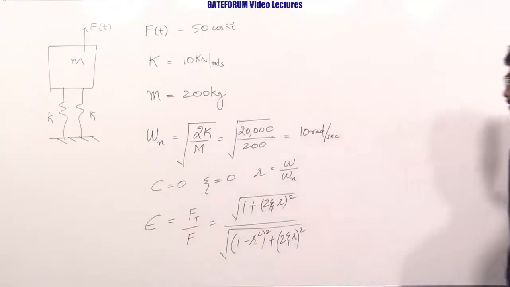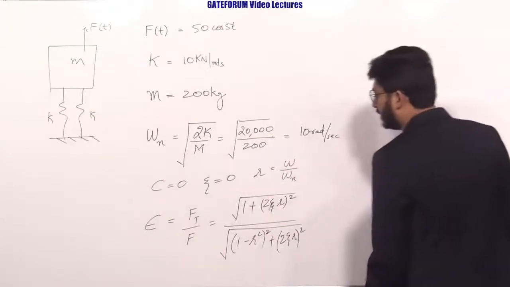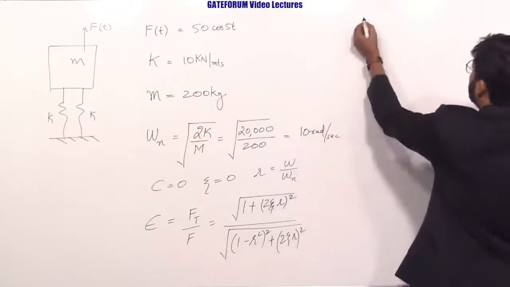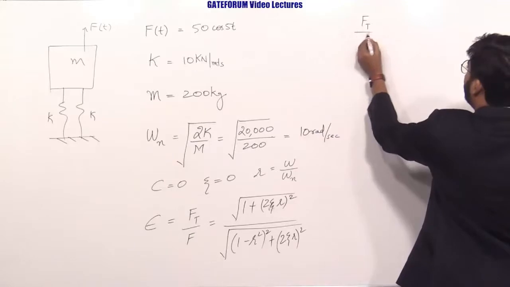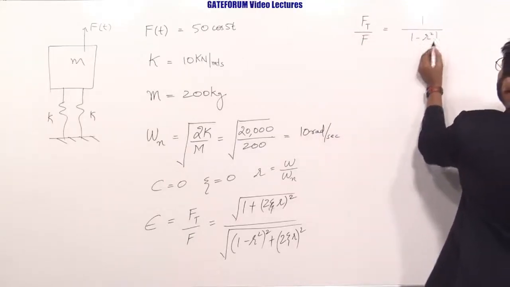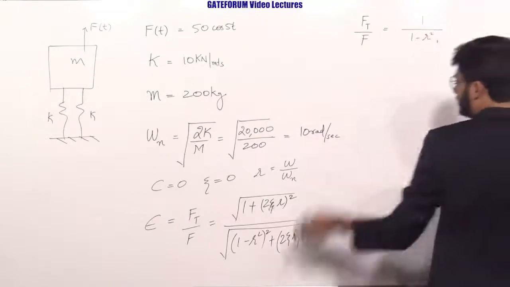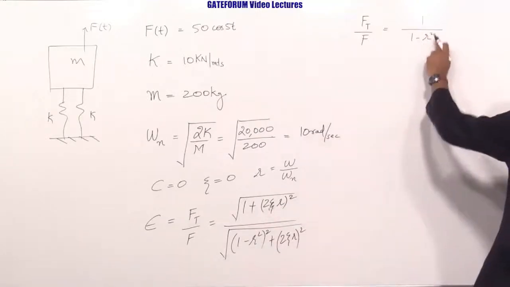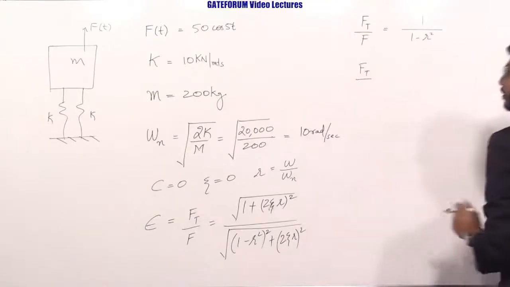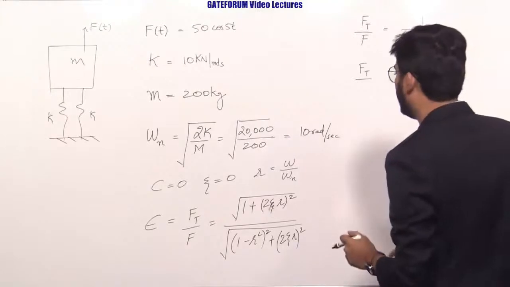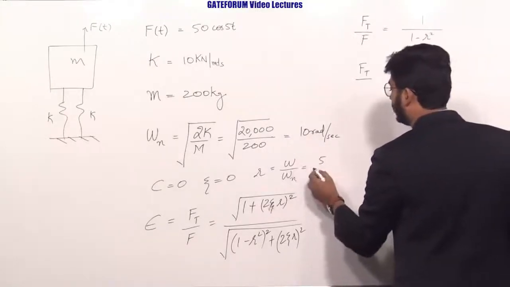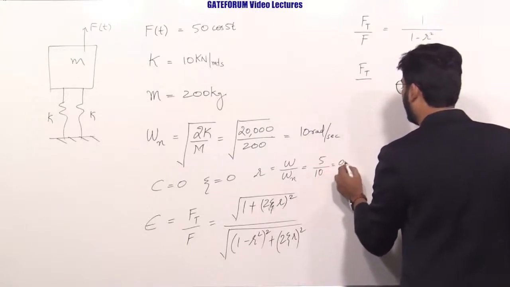Here zeta equals 0, which means f of t by f equals 1 by 1 minus r squared, whole squared, and the square cancels since you are removing the under root. Here r is omega by omega n, where omega is equal to 5 and omega n is equal to 10, so r is 0.5.